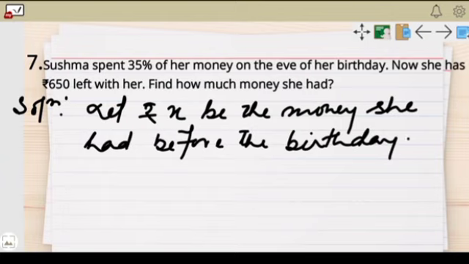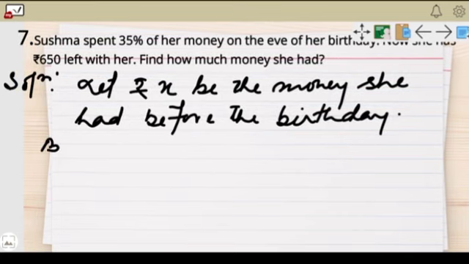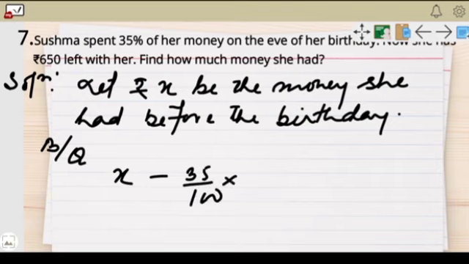So here the question says that 35% of her money is spent. I'll write here by question. From the initial amount X, she has taken out some amount. What is the amount? 35% of X. So 35% of X means 35 by 100 into X. Okay, let me repeat.